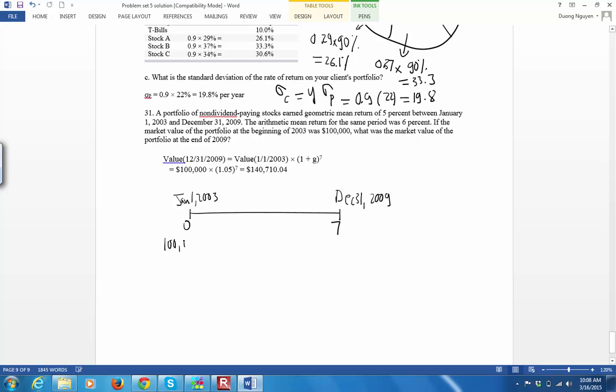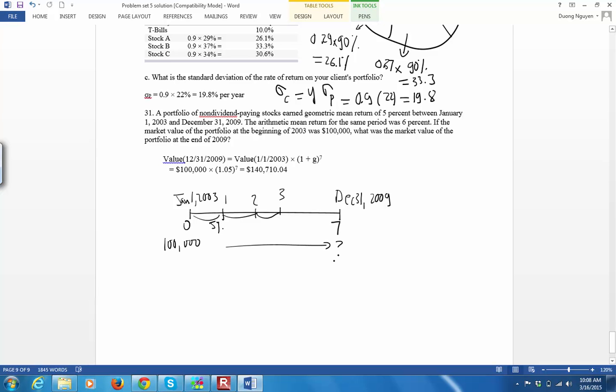$100,000, and the question is how much you have at the end. When you want to calculate how much you have at the end, you have to use the geometric return every year, which is 5%.